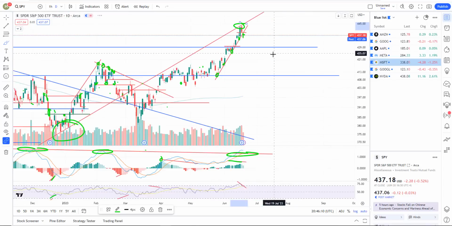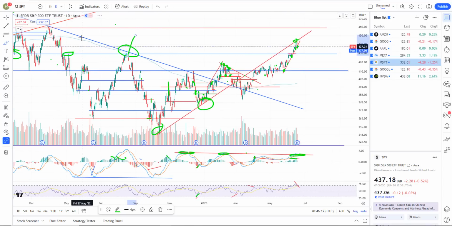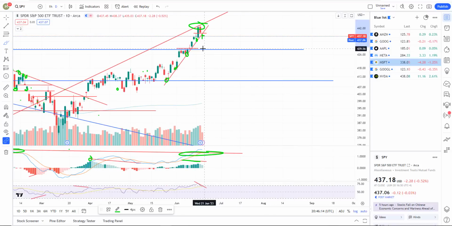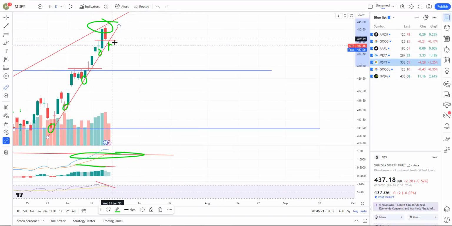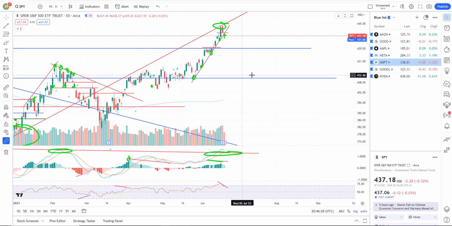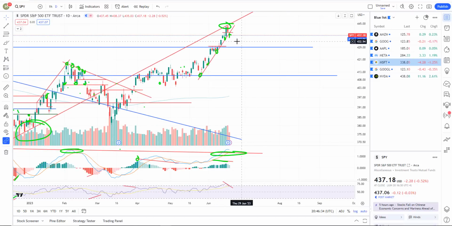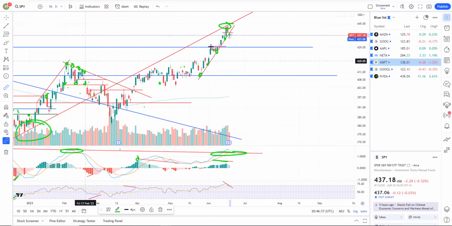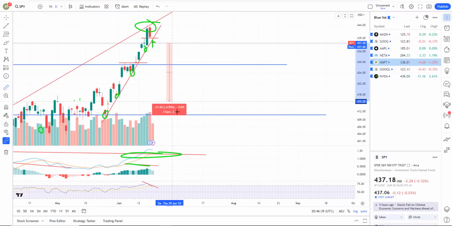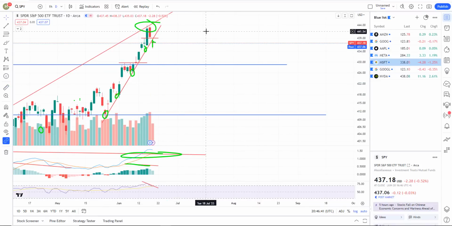But we do have good support right here, lots of reactions right there, and that would be right down there at about 429, somewhere right in there. So from where we're at now, a drop down to that level would be about 1 to 2% or so. But then again, there's also good support down here at 411, right in that area. And that would be a drop from where we're at now of about 6%. So somewhere right in there.